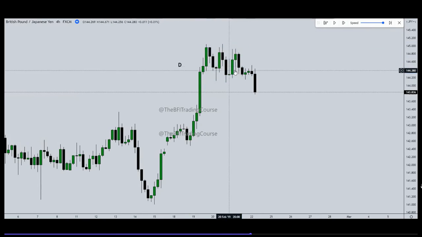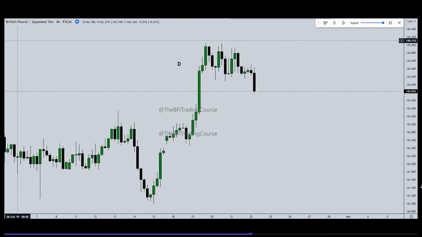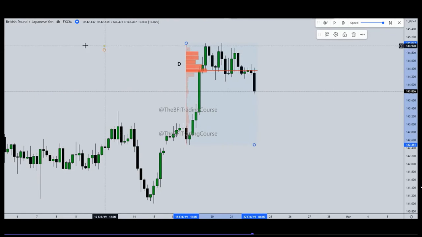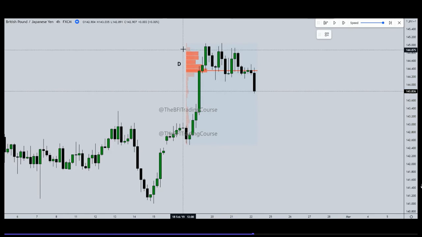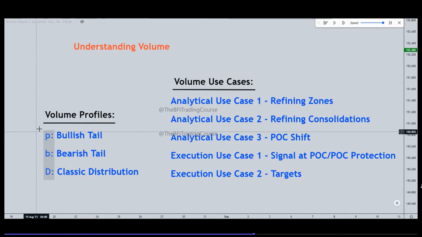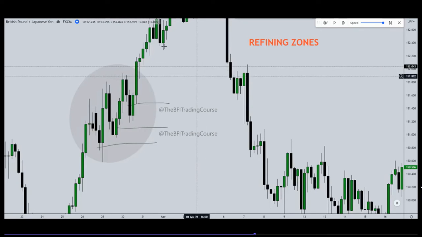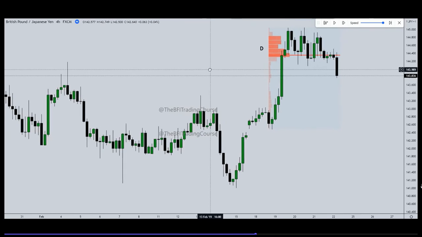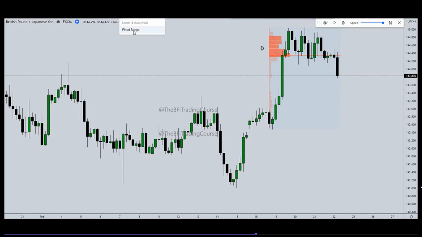And sometimes you can take the entire range of the impulsive move and you may see here a P-shaped volume profile or a bullish tail here.